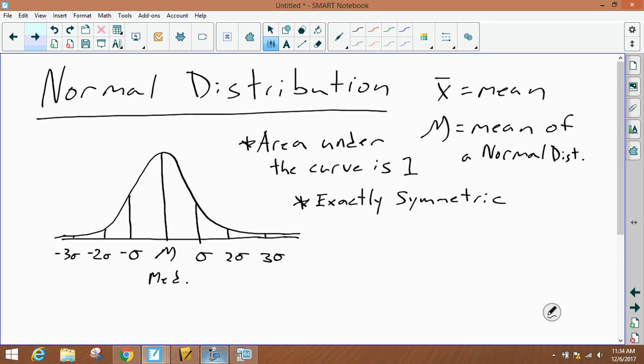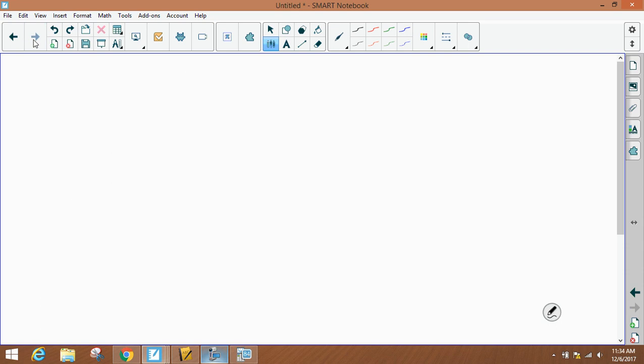So it turns out that there is a formula that we use in order to calculate the area under curves, and it is z equals x minus mu over sigma.